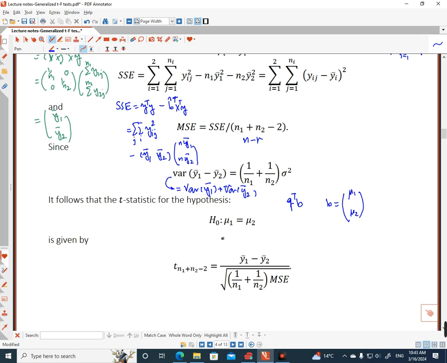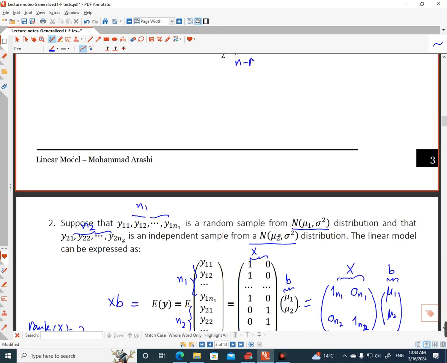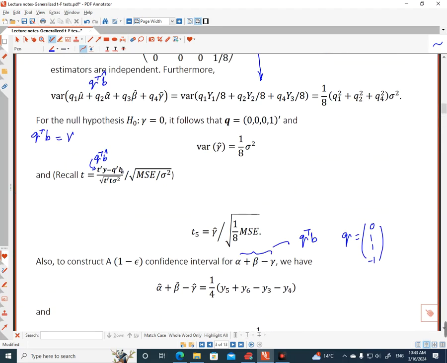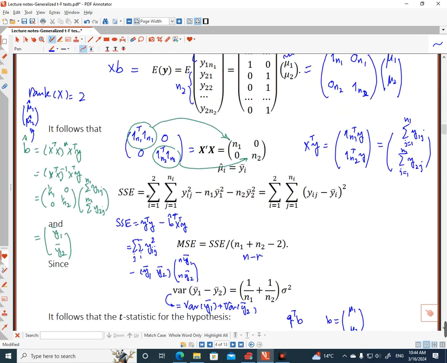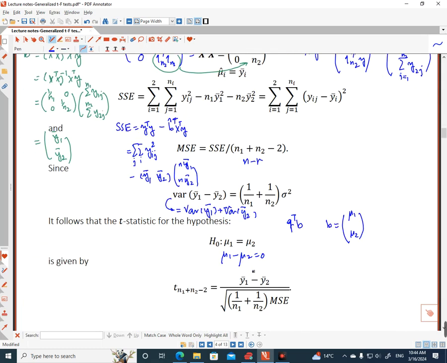In order to find q, I can write it as mu1 minus mu2 equal to 0. So I can assume that q prime b, which we can write as m according to the previous videos, the m is equal to 0, and here for the q, I have this q. I can conclude that the q is 1, minus 1.